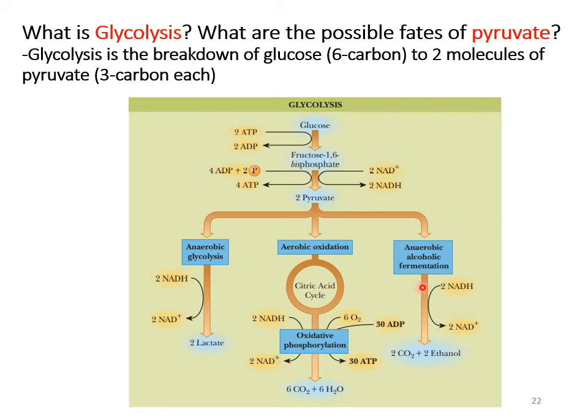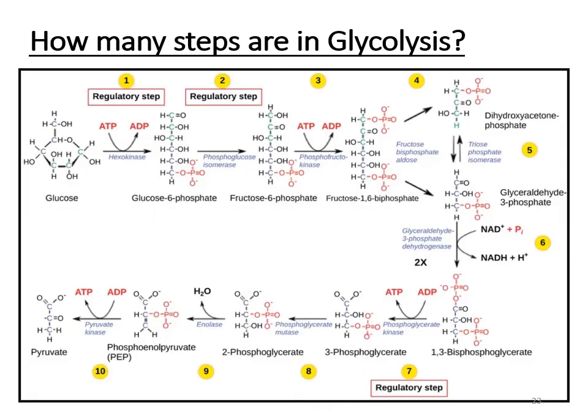Or you have anaerobic fermentation. Basically, you can have anaerobic conditions without oxygen, and if oxygen is present, then you can have full-blown oxidation and a lot more ATP created. We'll go through all of these different options throughout the rest of the lecture today and throughout the other lectures we have left for this semester.